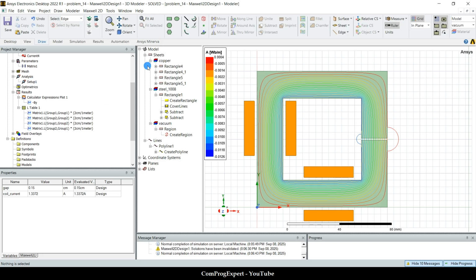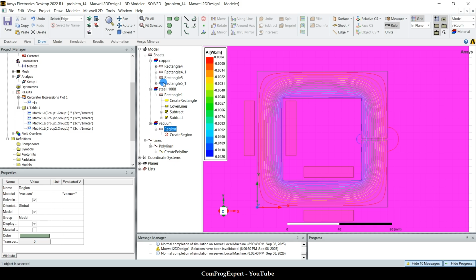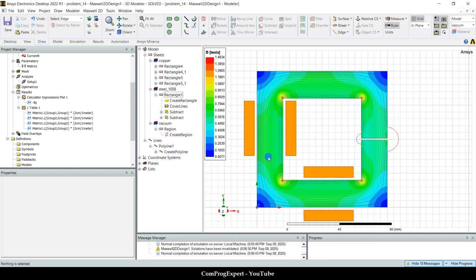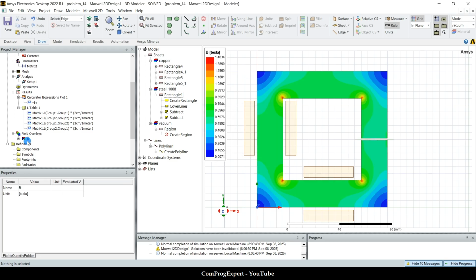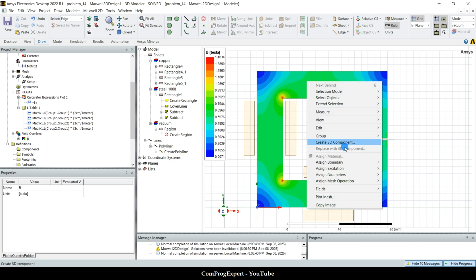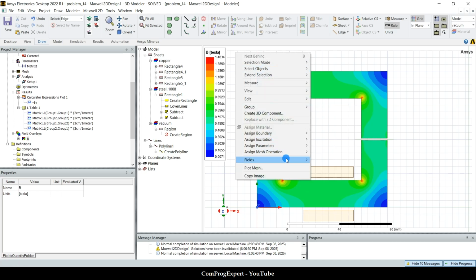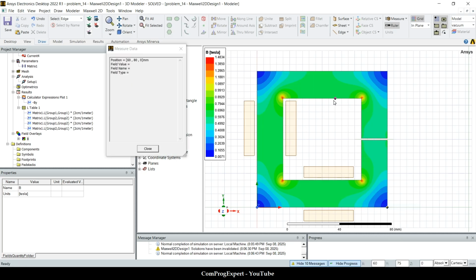So here, if we select the core and plot B, we have non-uniform flux density variation, but in the middle, if we add marker, here for example, the value of the flux density is 0.6 Tesla.